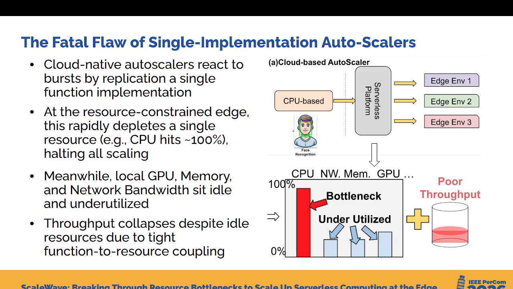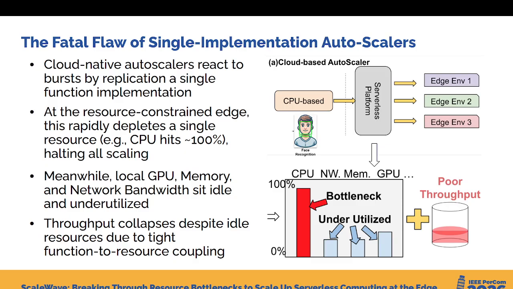In the cloud, this is manageable because additional compute resources can be provisioned easily. However, at the resource constrained edge, compute quickly becomes a hard bottleneck. One resource type, such as the CPU here, becomes fully saturated, meanwhile other resources such as the GPU, network bandwidth, or the memory may still remain underutilized. Yet the system cannot leverage these resources to scale further.